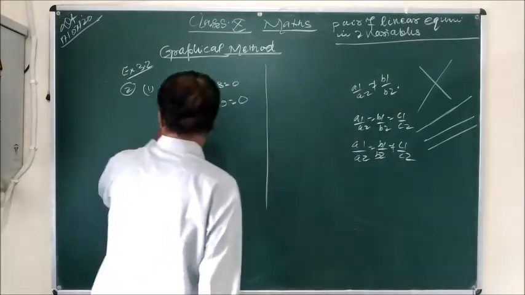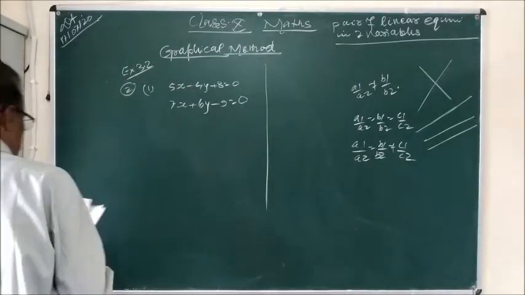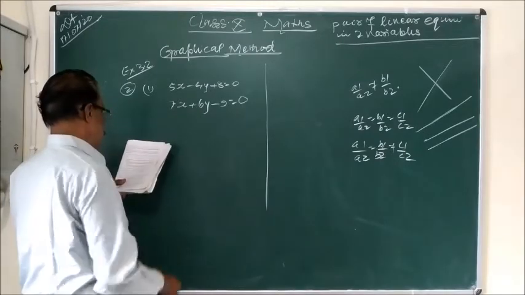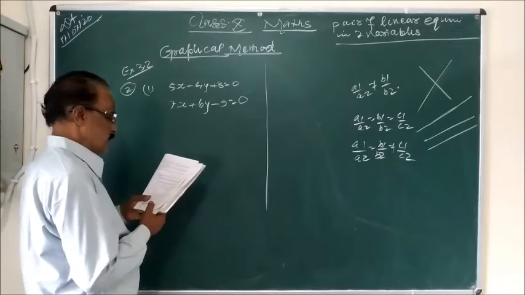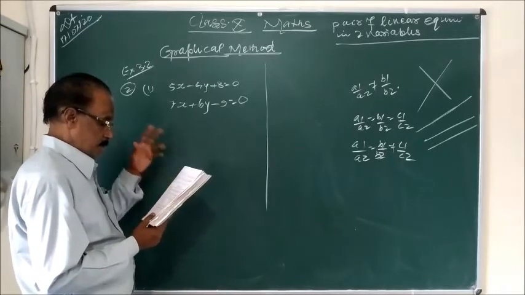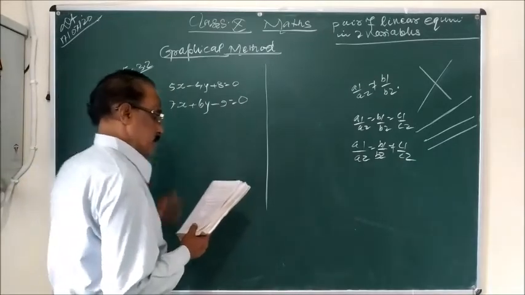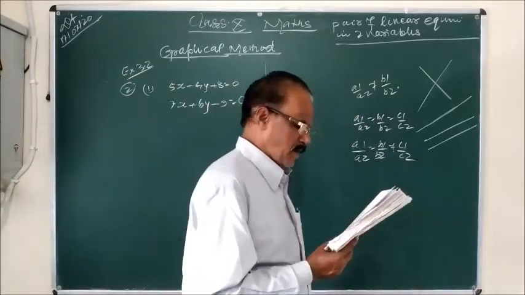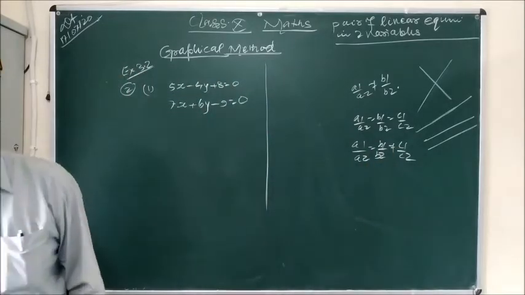Now I will explain a few questions and give you some hints. By comparing a1 by a2, b1 by b2, c1 by c2, find out whether the lines representing this pair of equations intersect at a point, are parallel lines, or are coincident, by comparing, not drawing the graph.